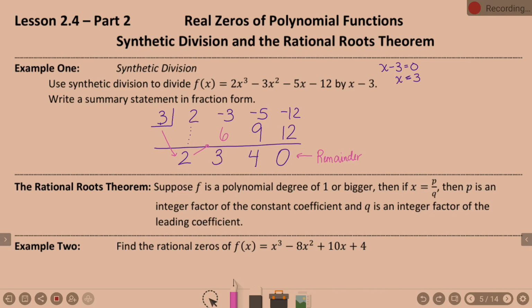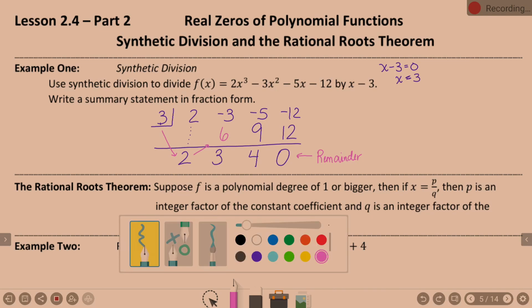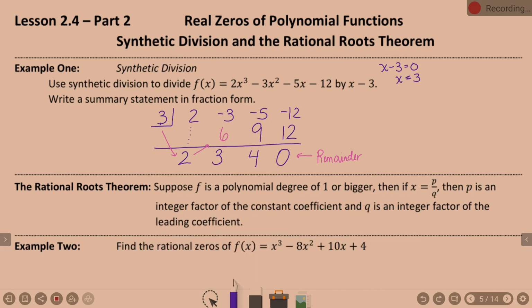And then, the directions asked me to write a summary statement in fraction form. Basically we're writing our answer, but a summary statement in fraction form says, what were we dividing? We were doing this cubic divided by this. So the fraction is just showing your division.